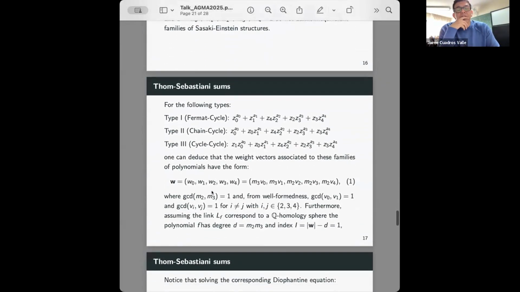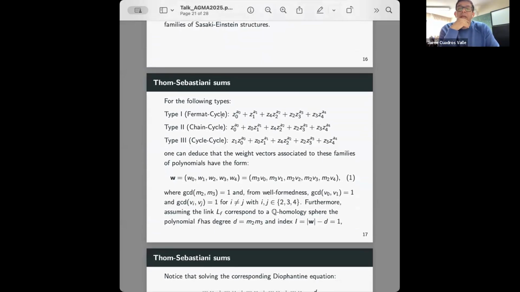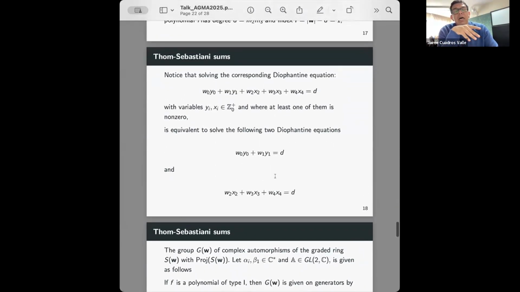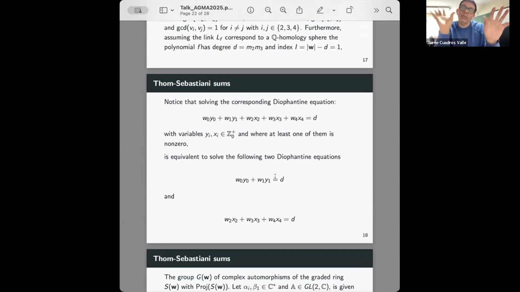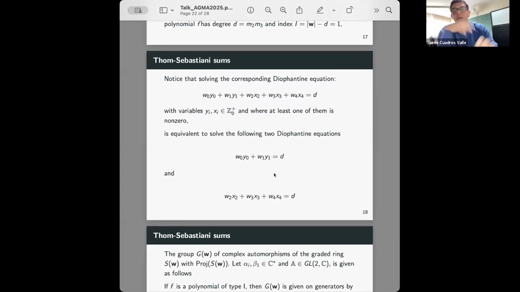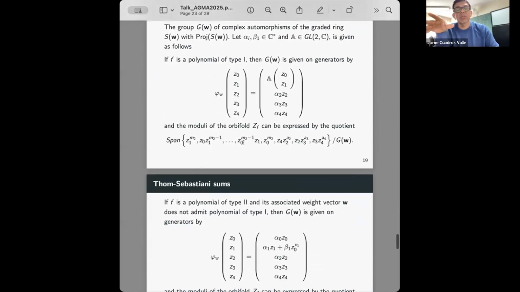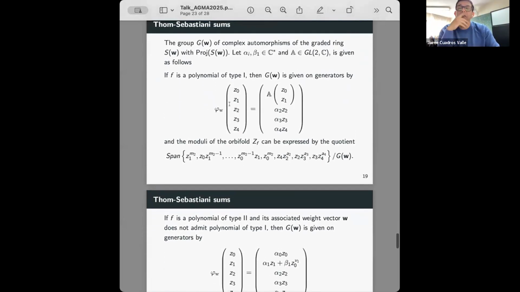However, going very fast here, for the remaining cases, now again we find some arithmetic conditions, and we are able to split the problem of solving the Diophantine equation in terms of two Diophantine equations, in a certain sense isolated one from the other. And then after that, we compute the generators, and we compute also the space of global holomorphic sections, that is actually the monomials, no?